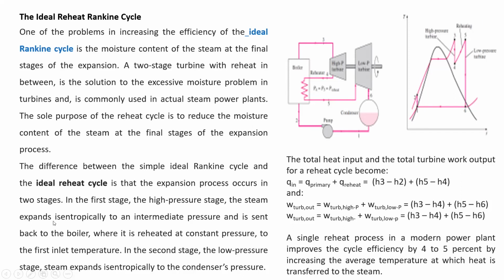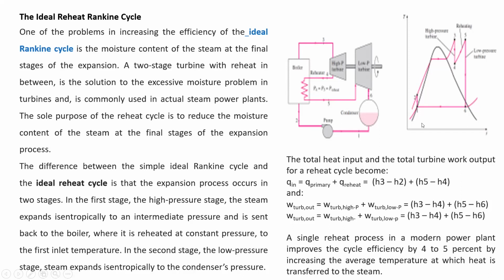Okay, this is about the reheat cycle. Formally, the total heat input and the total turbine work output for a reheat cycle become: Qin is equal to Q primary plus Q reheat. You can see from the diagram itself, that is H3 minus H2 plus H5 minus H4.